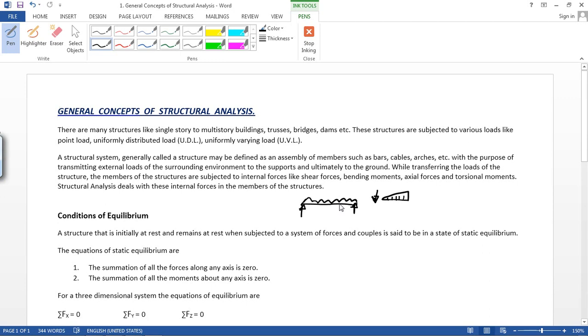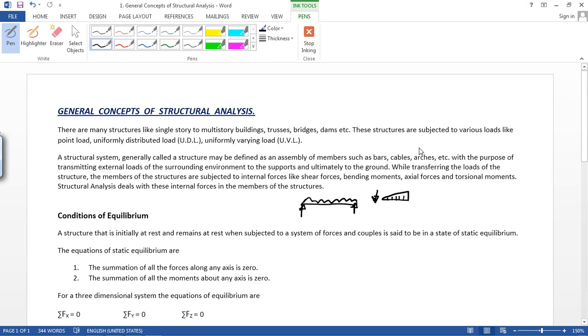Let me repeat. If some load apply on a member or beam, there will be some reaction. Reaction may be shear force, bending moment. Determining the quantity of this shear force, bending moment is called structural analysis. Okay.